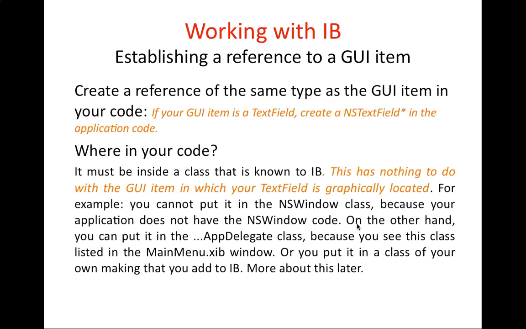You can actually add code for the NSWindow. You can programmatically change all of the GUI components by the source code and not actually use the interface builder as well, which is kind of interesting. App Delegate class, you can put it in the App Delegate class if you wanted to, because you can see this class listed in the main XIB window.